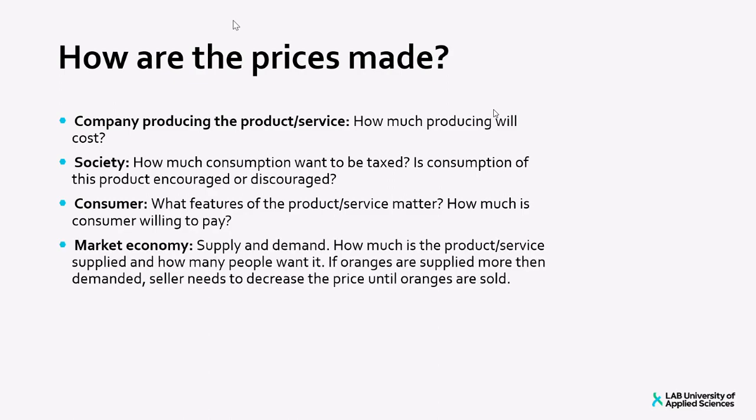Then when we talk about the whole market, we have the famous pair, supply and demand: how much of the product or service is supplied and how many people want it in the market. If, for example, oranges are supplied a lot, much more than demanded, then the seller needs to decrease the price until the oranges are sold.